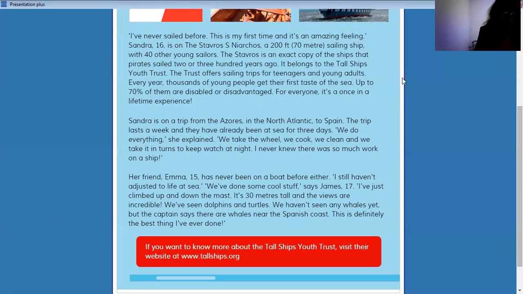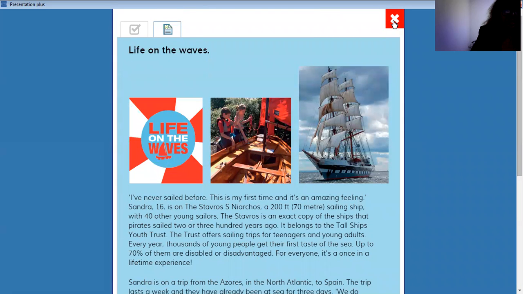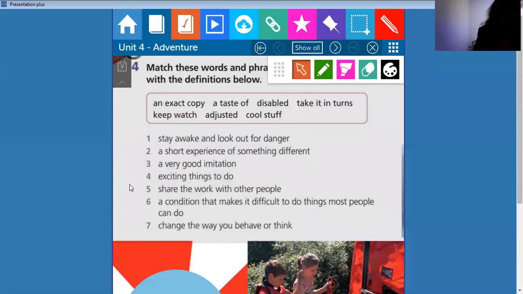Okay? Good. Now we have to do the next exercises. Explore words in context. Match these words and phrases from the advertisement with the definitions below. Here you have the definitions and you have to match them. For example, number 1, stay awake and look out for danger.